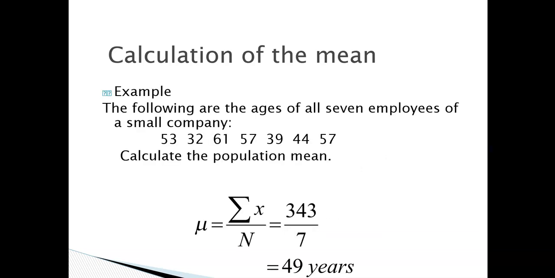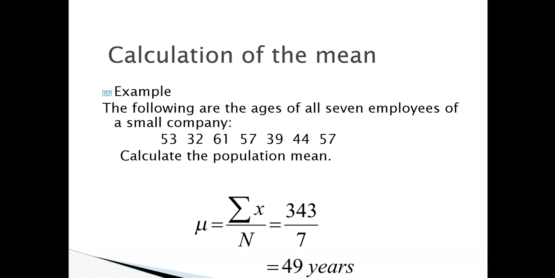For example, the following are the ages of the 7 employees of a small company. So in this case, the population, the whole population, is the 7 people in the small company. Accordingly, we can calculate the average for the whole population, which is mu.